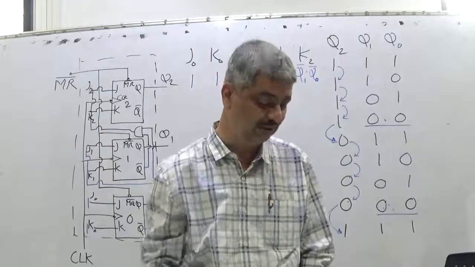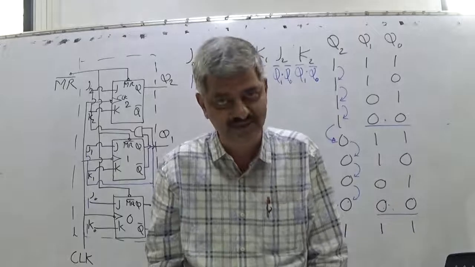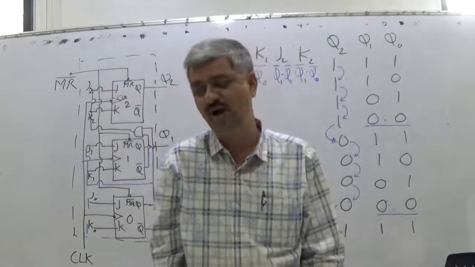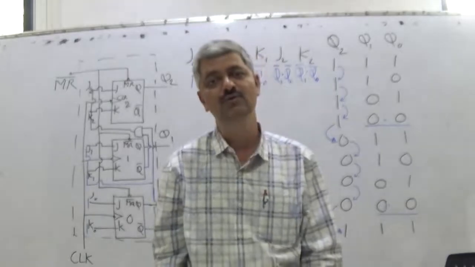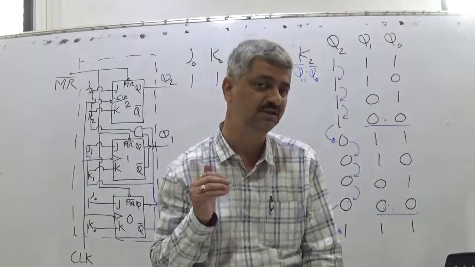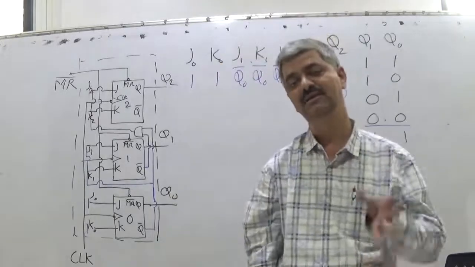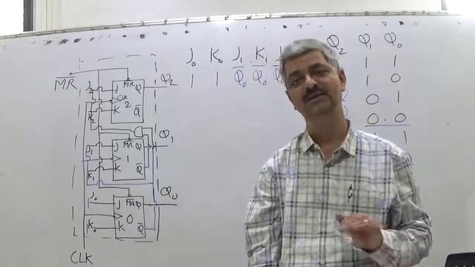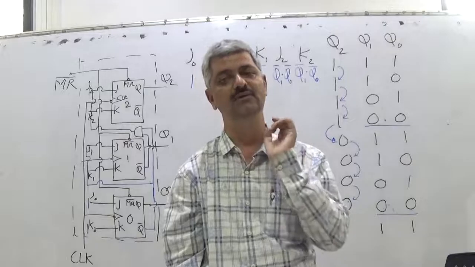Out of 16 possible states, we want the counter to run not in all states but only in a few states. So some further states should not be there. This is not a binary counter but is called a mod n counter.